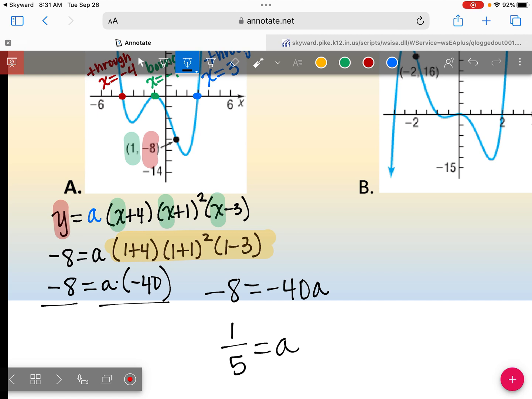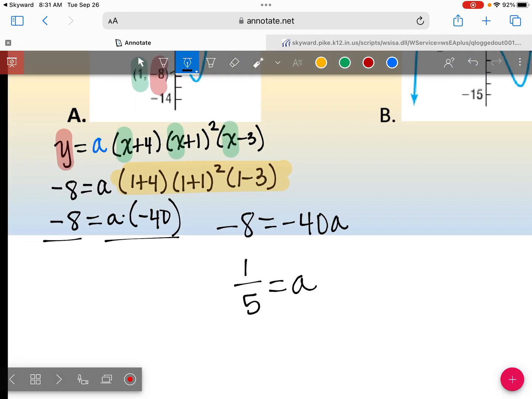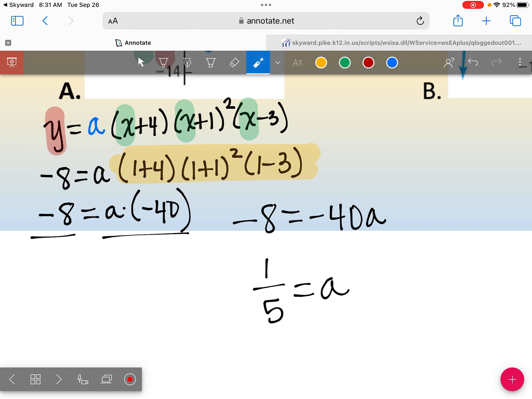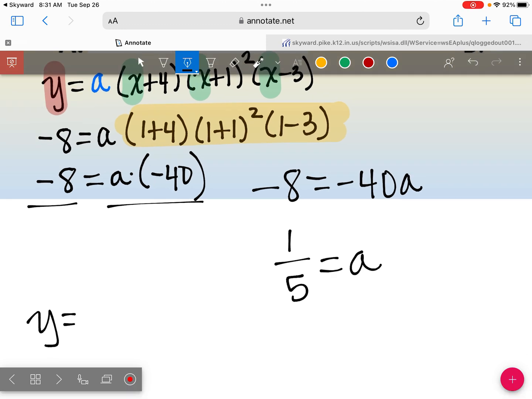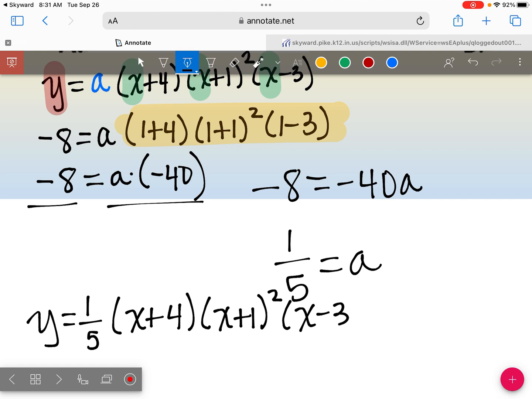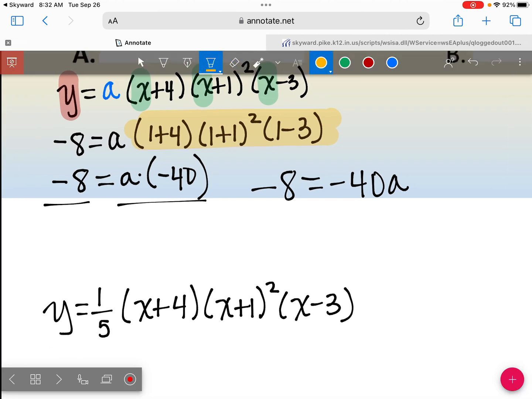So my final equation, I'm just going to take that 1/5 and rewrite what I wrote right here and put my 1/5 in for A. So my equation would be y equals 1/5 times x plus 4 times x plus 1 squared times x minus 3. And that would be your final solution, yes.